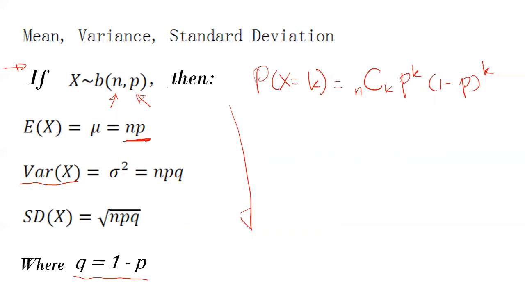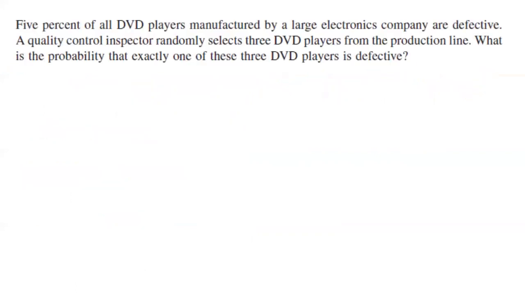Okay, let's see some concrete examples to help you understand. First example: 5% of all DVD players manufactured by a large electronics company are defective. The quality control inspector randomly selects 3 DVD players from the production line. What is the probability that exactly one of these 3 DVD players is defective?